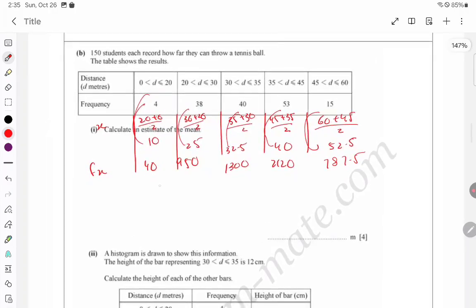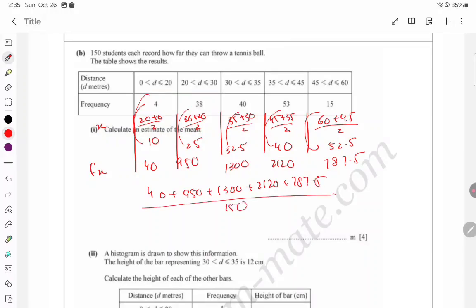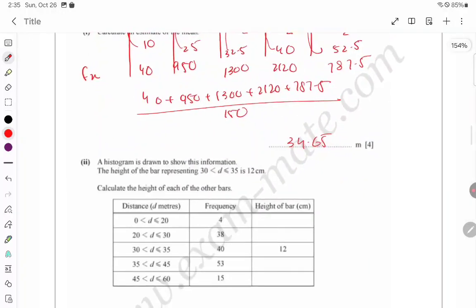Now sum all: 140 plus 950 plus 1300 plus 2120 plus 787.5 divided by the total students, which is 150 right here. It will give you the value of 34.65 in meters.